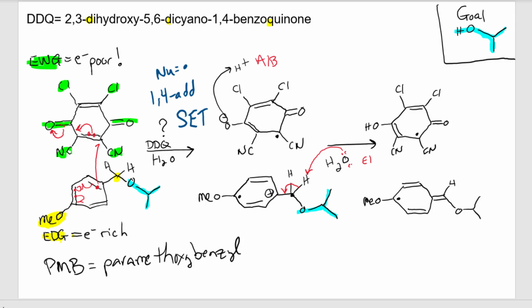Well, we have radicals, 2 radicals. Another single electron transfer can occur. Let's close the deal. Let's take this single electron and pair it up now on the other system.